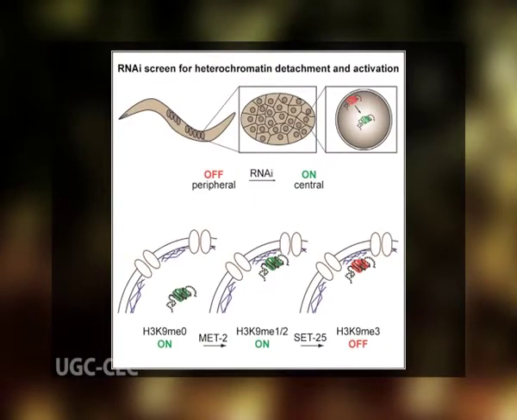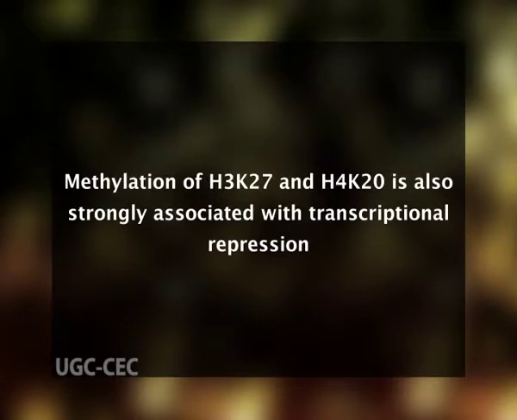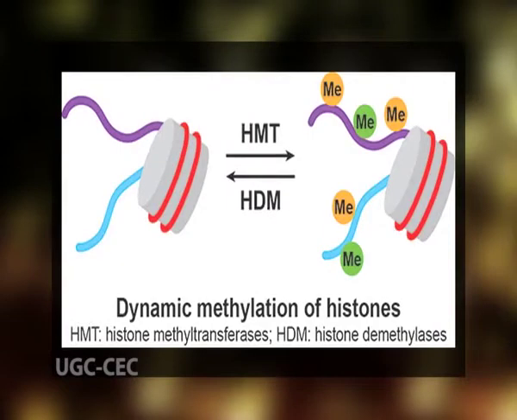For example, methylation of lysine 9 of histone H3 is typically present in heterochromatin and associated with transcriptional repression. Methylation of H3K27 and H4K20 is also strongly associated with transcriptional repression, whereas methylation of H3K4 and H3K36 is associated with activation.